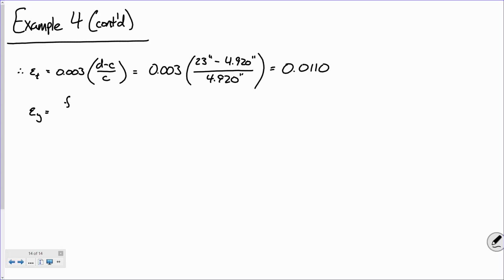It is Fy over Young's modulus. What is Fy for this steel? It's grade 60 steel, 60 ksi. I'm lazy, I don't want to write 3 more zeros. What is E?